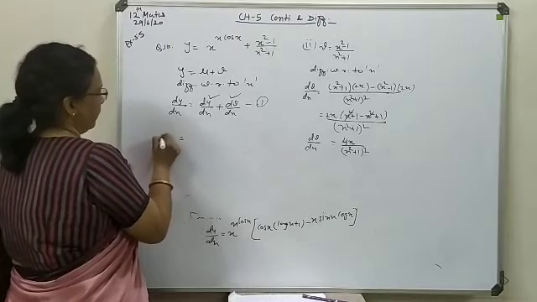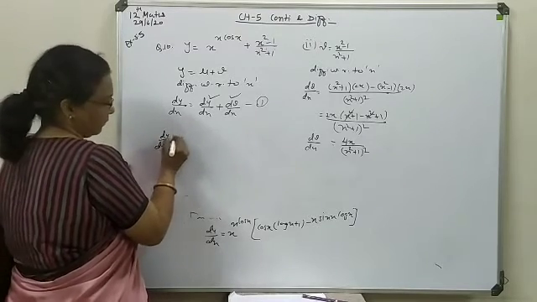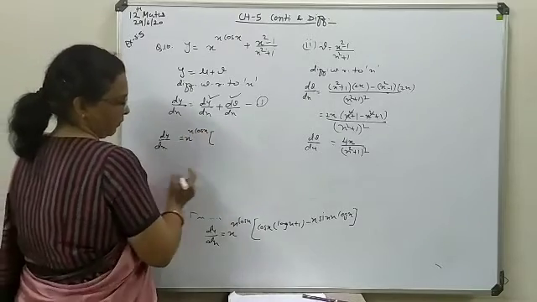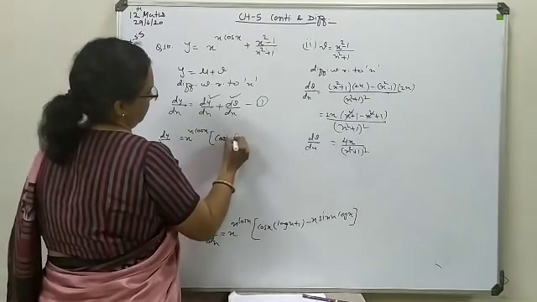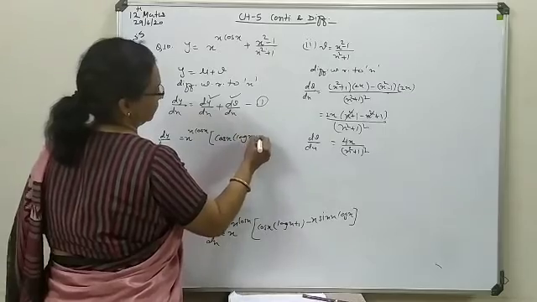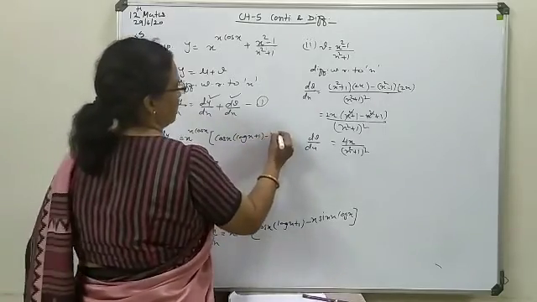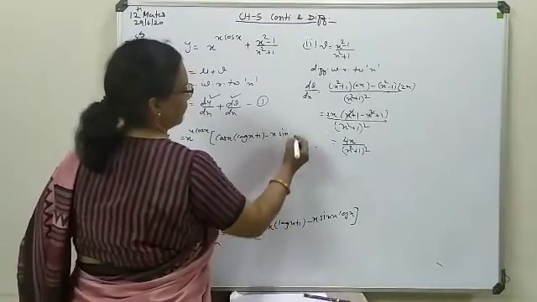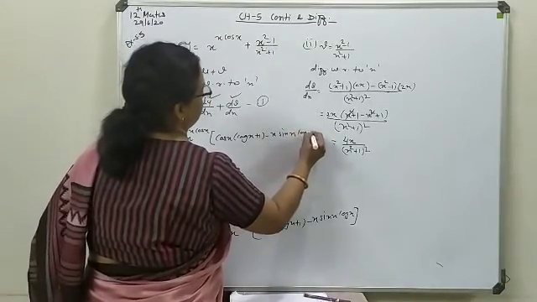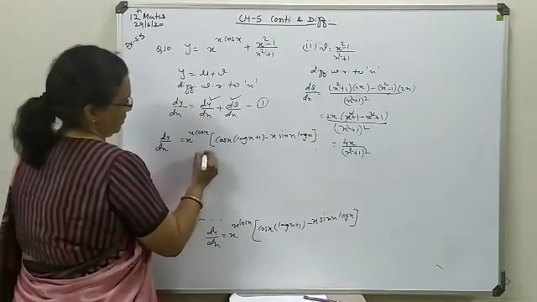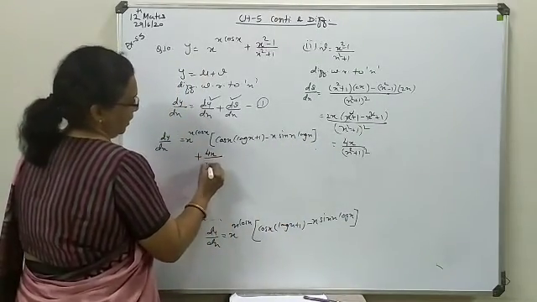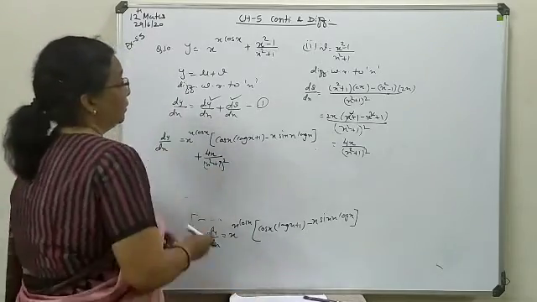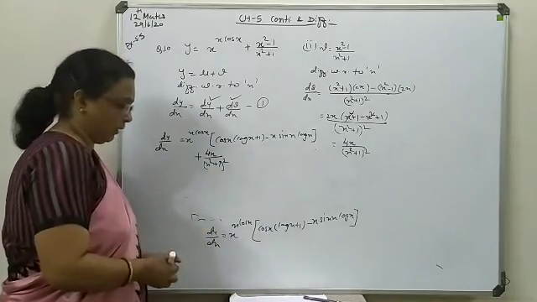This is your dy by dx, x cos of x log of x plus 1 minus x sin of x log of x plus 4x upon x square plus 1 whole square. So this way, this type of combinations you can handle.